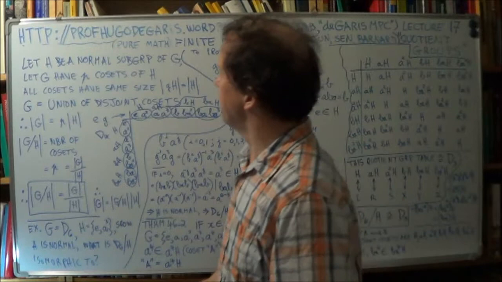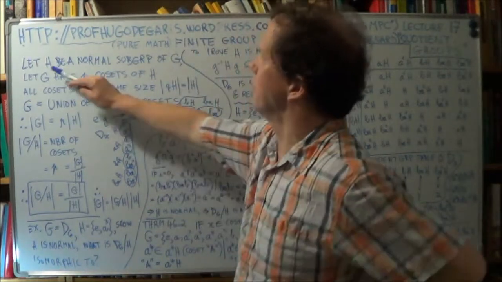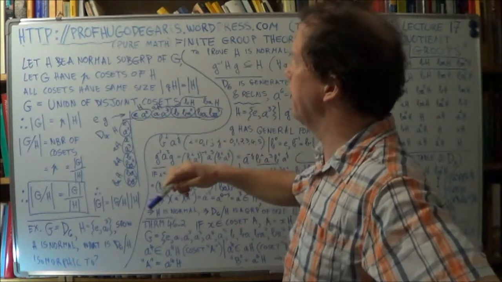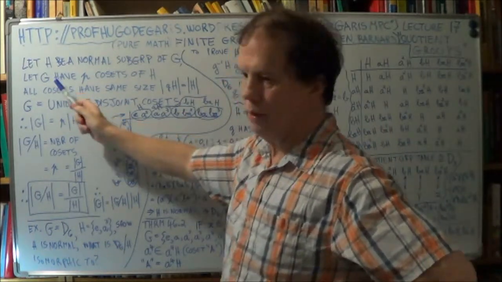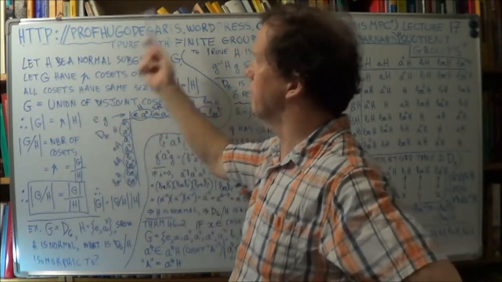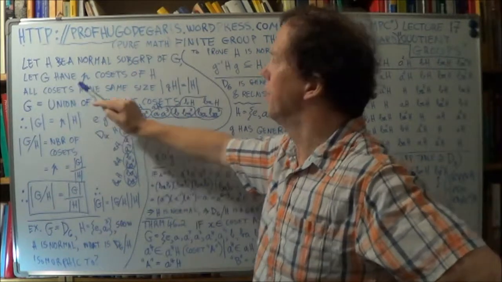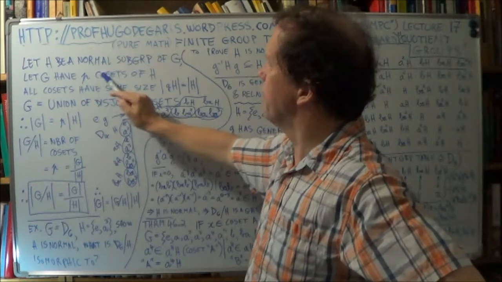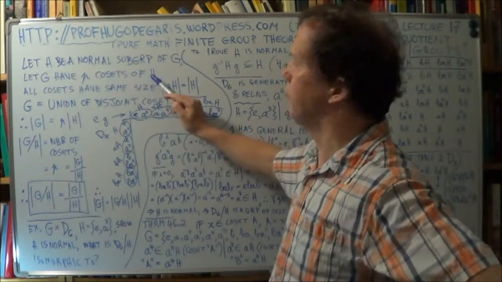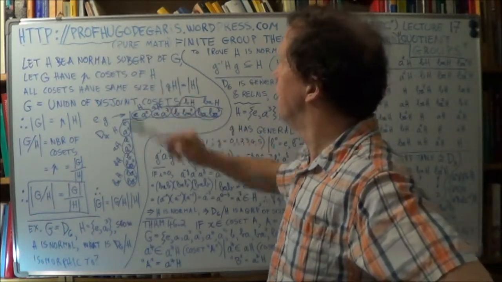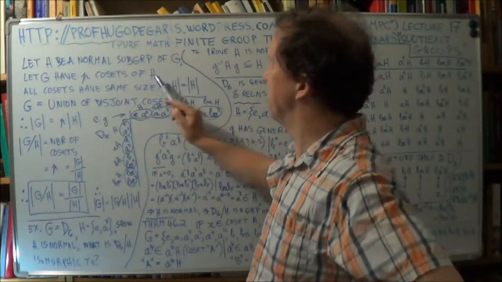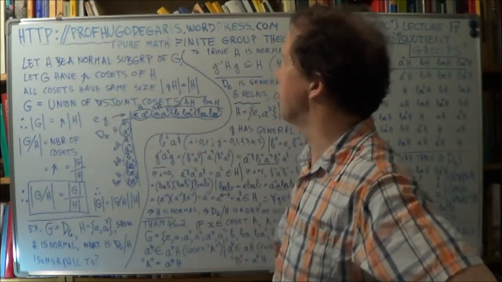Well, to derive it, let H be a normal subgroup of G. We don't know how many cosets it will have, but whatever it is, it'll be some integer, so let this group have p cosets, formed from your normal subgroup H. So you'll have p of these cosets.